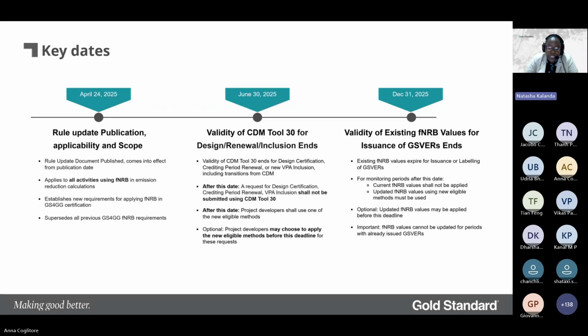So for monitoring periods ending 31st December 2025, projects can still continue to apply CDM 230 as per existing methodologies, and they will be verified accordingly. However, projects that are presenting monitoring periods after 31st December 2025 will now be required to follow the new requirements for fNRB determination, and 230 will no longer be applicable for such projects.